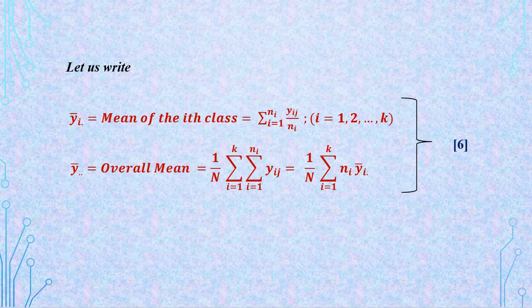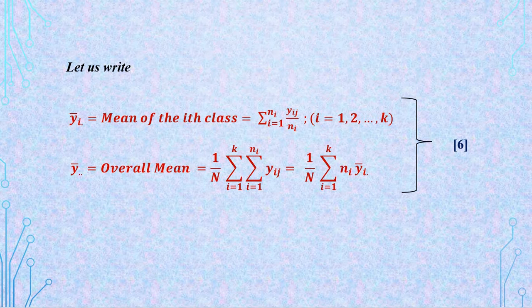Then we may write yi dot bar, that is the mean of the ith class having the ith treatment. So this is equal to summation over j from 1 to ni of yij divided by small ni. Small ni is the total number of observations having the ith treatment.